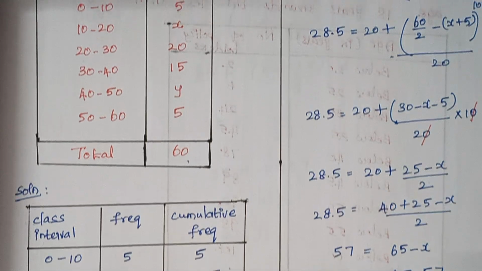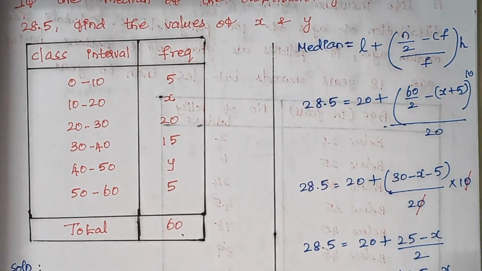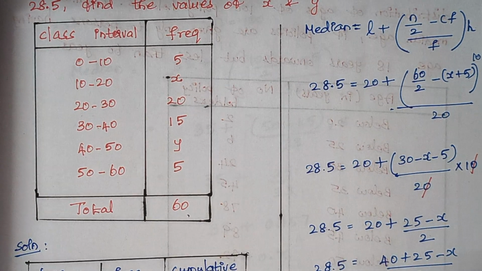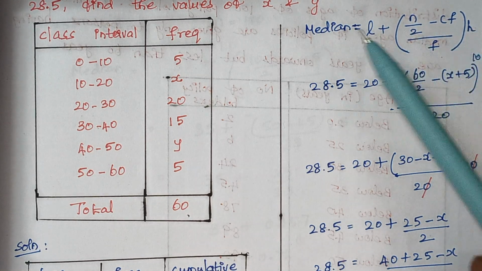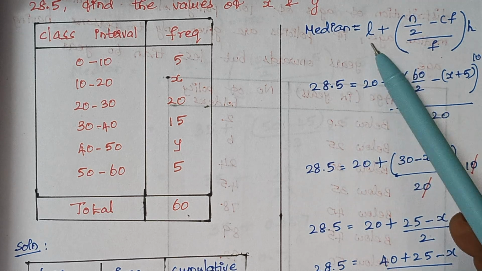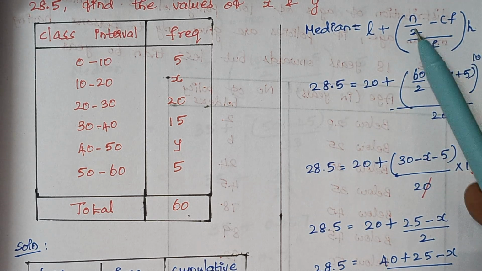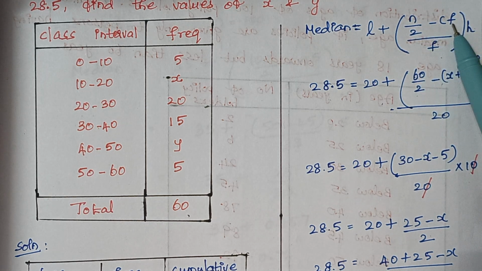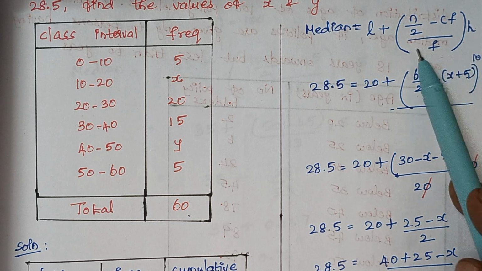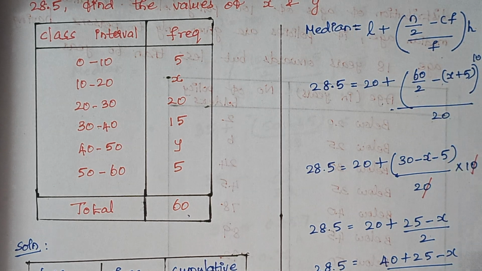So what is the formula for median? Median is given as L plus (n by 2 minus CF) by F into H. So here median is 28.5, the value of L is 20 and what about N? It is 60. So 60 by 2 minus cumulative frequency x plus 5, into H, the value of H is 10, divided by F, the F value is 20.